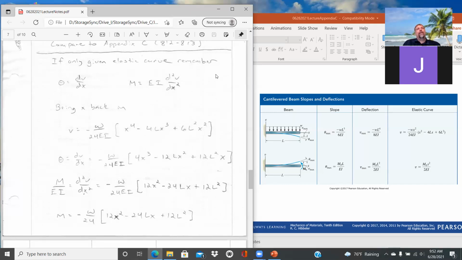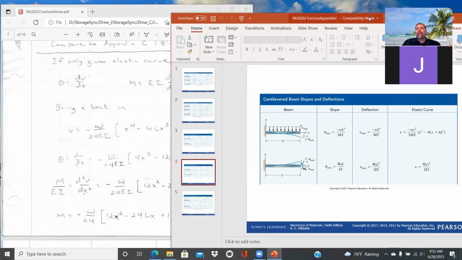I think it would be a rare situation where you would start out at the distributed load level as a function of x. There could be some instances like a triangular load type deal, but we'll not worry about that right now.